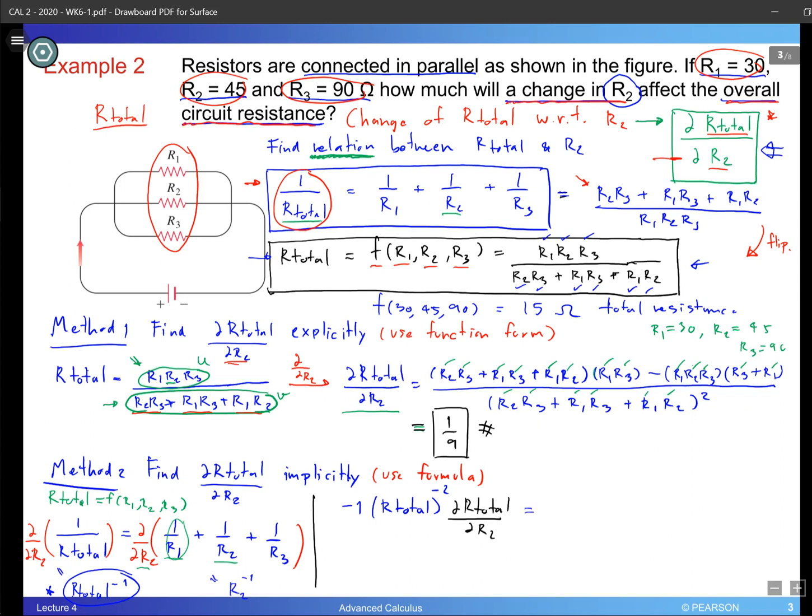And I am going to diff this with respect to R2, and I get this minus 1 comes down, and then I have this R2 to the power of minus 2. Okay, and then I need to diff this with respect to R2. We are working with R2 here, and R3 and R1 are constants, so you diff this, it goes to 0. So in the end you have this, and I can just cancel this out, this minus 1 and minus 1.